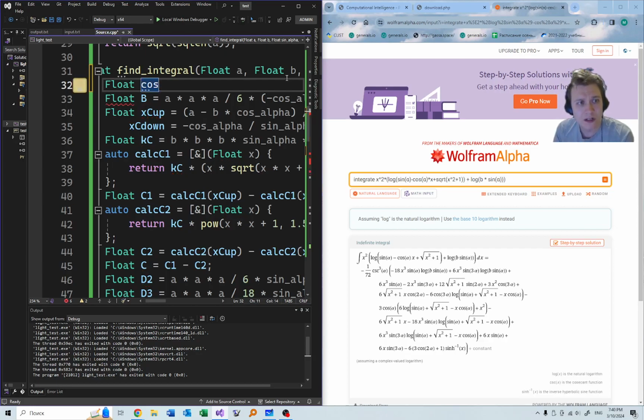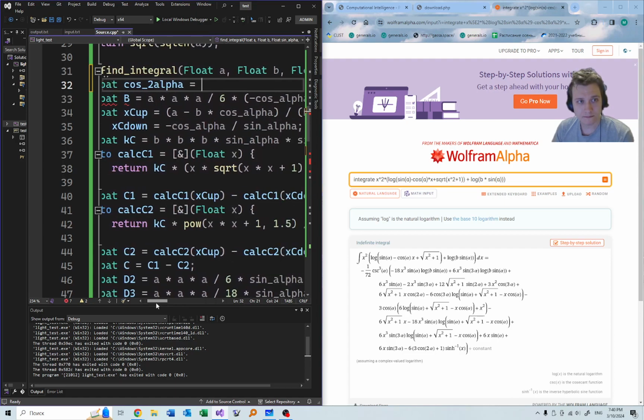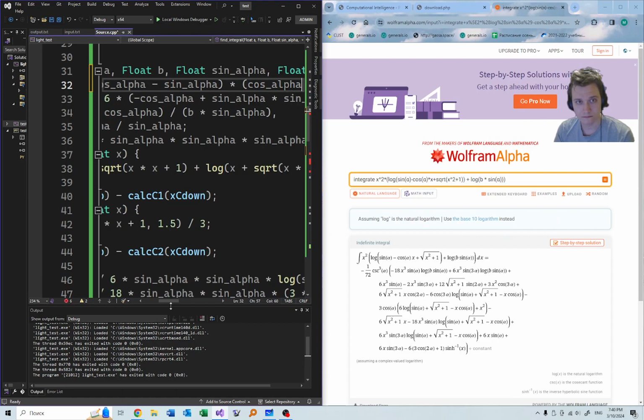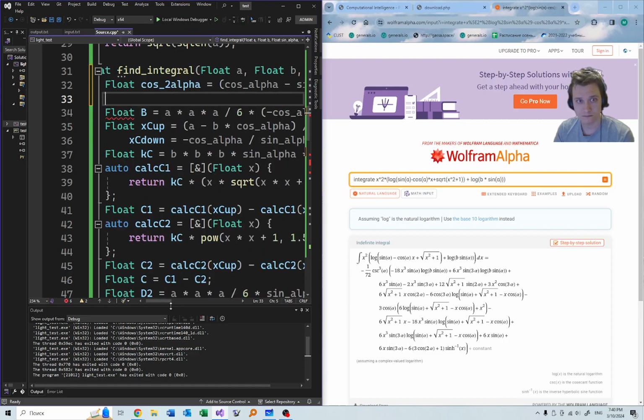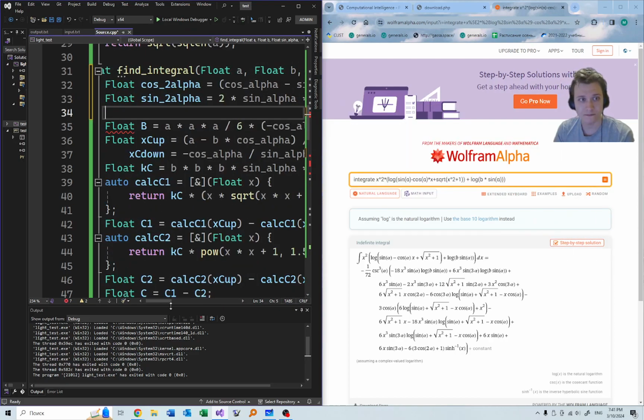Okay, we need cos of 2 alpha. Sin 2 alpha equals 2 times sin alpha times cos alpha.